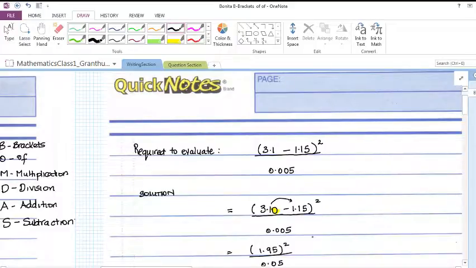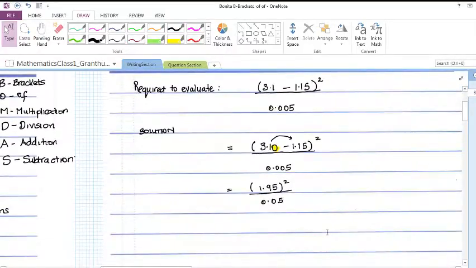Now 1.95 squared. If you have to work that out, let's do that with our calculator.